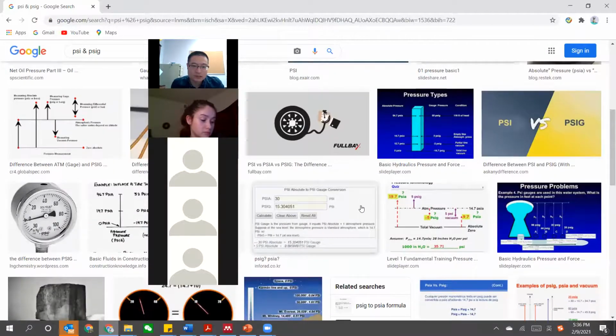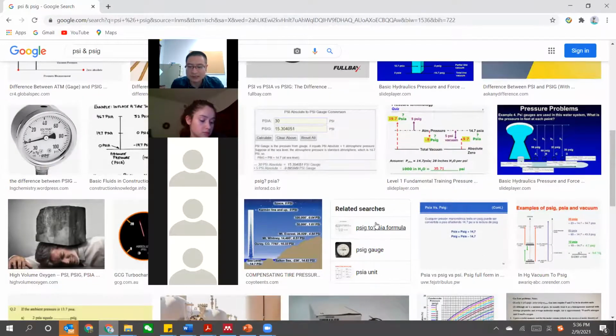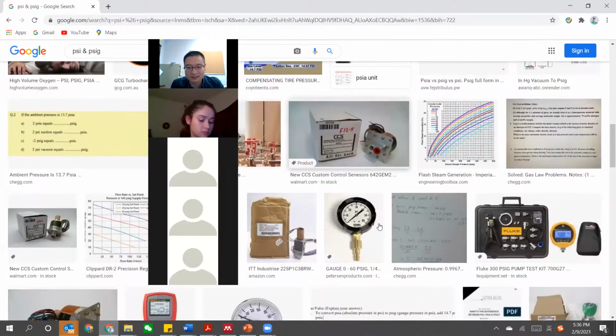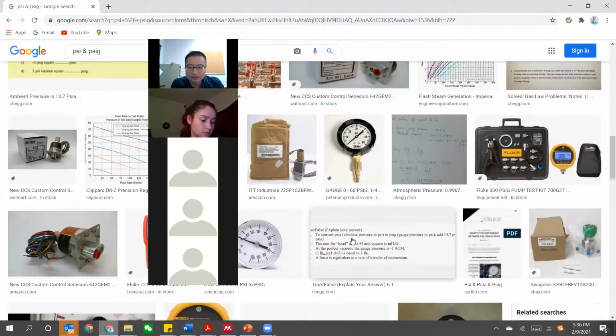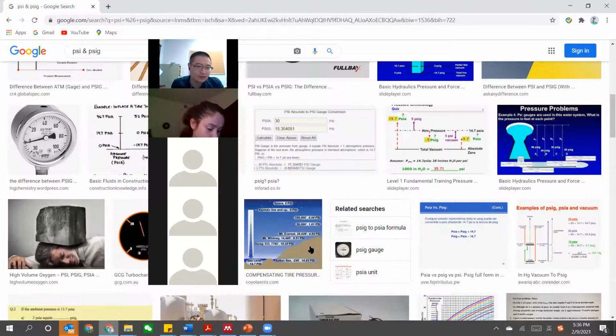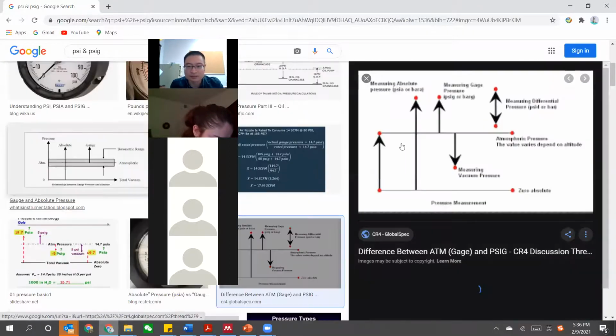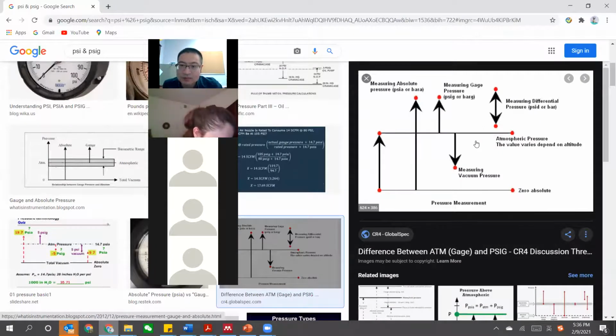So that's because in the past we don't know, usually it's comparing... here we go. So when we are talking about PSI, the baseline is zero absolute, which means the vacuum.